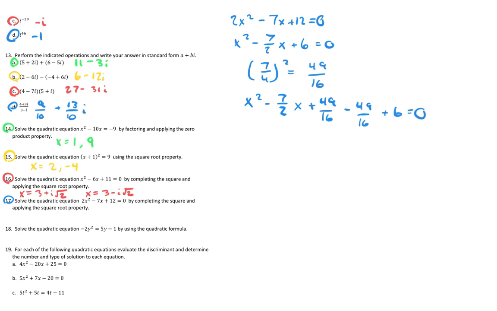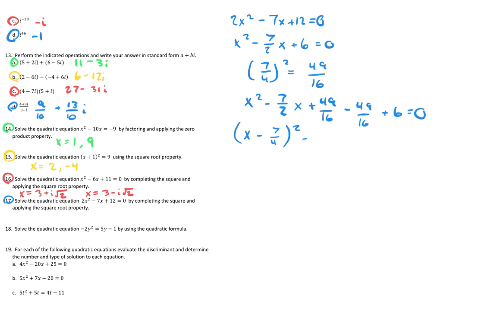Now we can factor this first part to be x minus this number here, the 7 fourths. x minus 7 over 4 squared, and then we're going to have minus 49 over 16 plus 6.